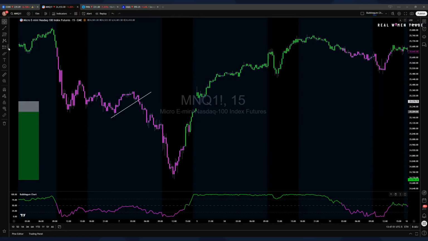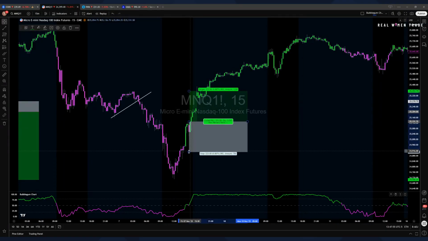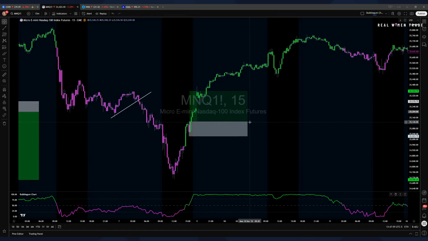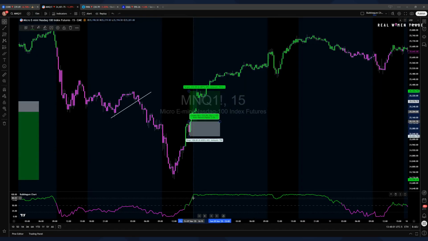So I would have gotten in here with a stop at this low. And you can see we're way above the 80, moving sideways, so we have a strong trend. If you went up to this section right up here where we start getting these big wicks, that's 4.5-to-1.